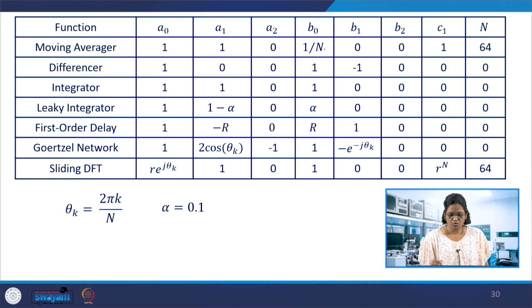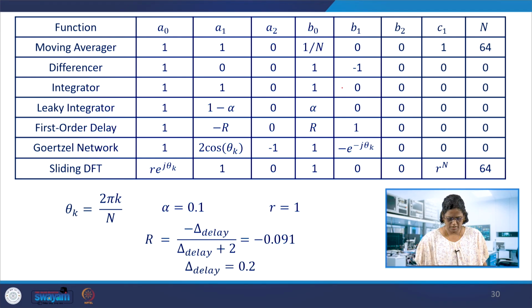So n can be chosen depending on the application, for which frequency you are interested in and which one is to be rejected here. R is taken as 1 in these cases, and the delay calculation for the delay network is given over here.